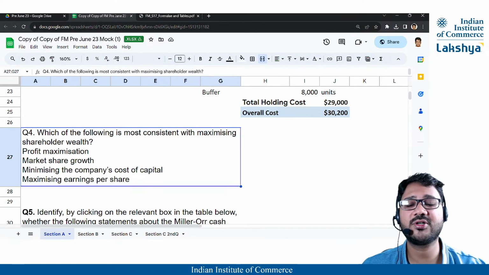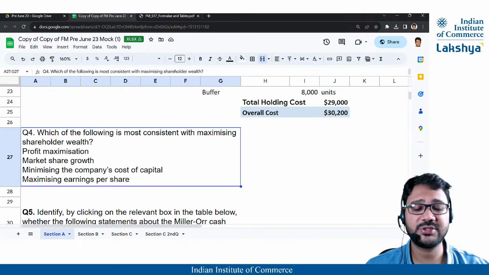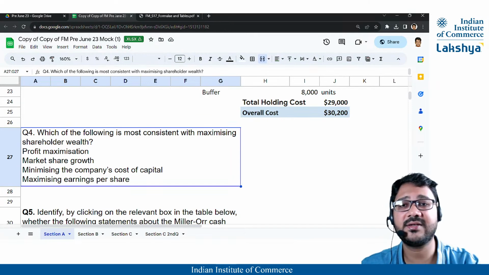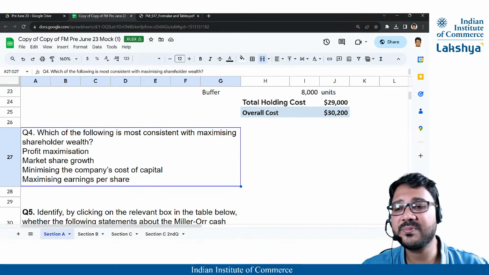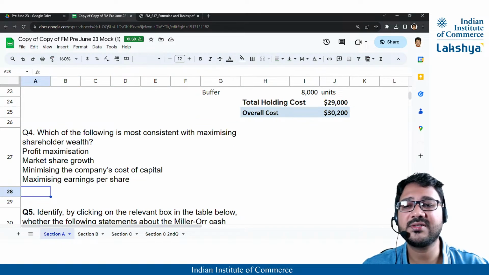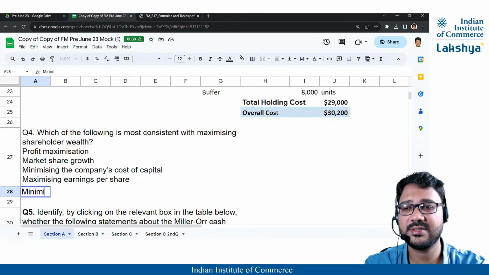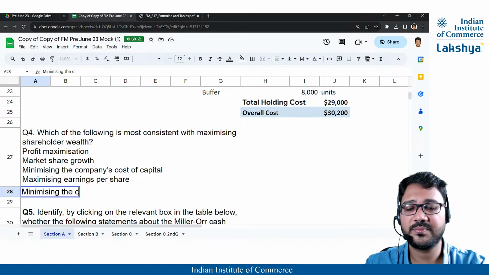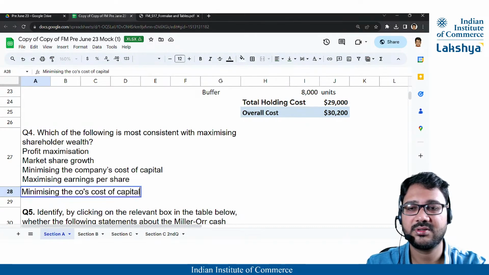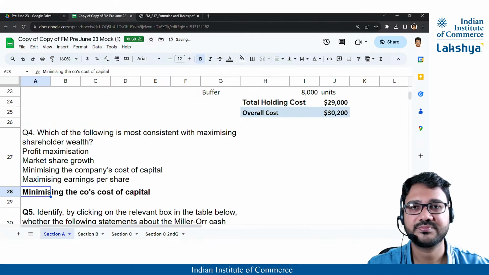If the WACC or cost of capital is reduced, your NPV increases, and any increase in NPV is known to add to the shareholders' wealth. So this seems correct. Maximizing EPS is to do with profit maximization, not wealth maximization. So minimizing the company's cost of capital is the correct answer.